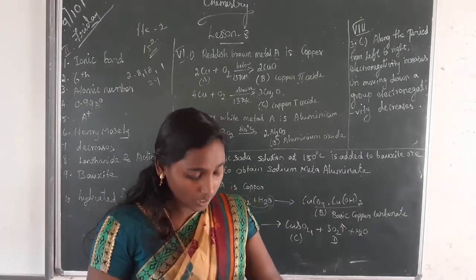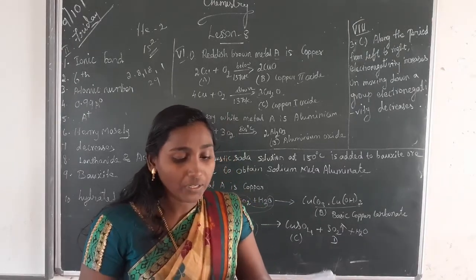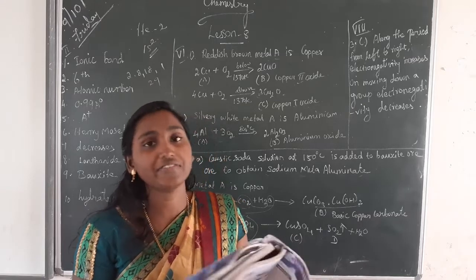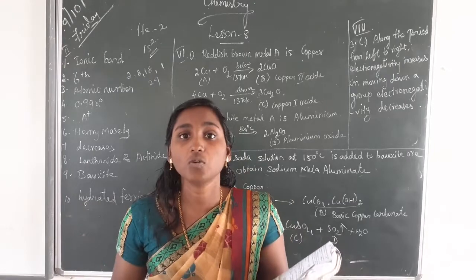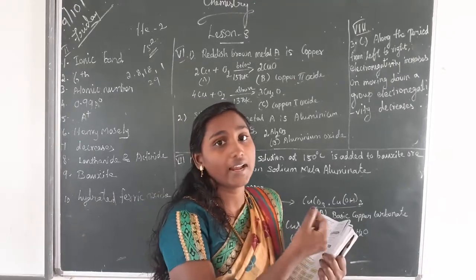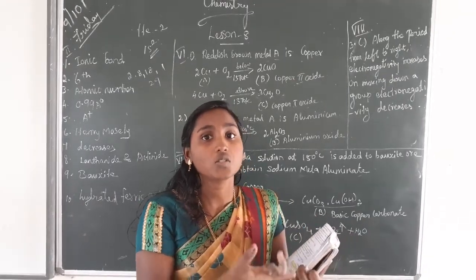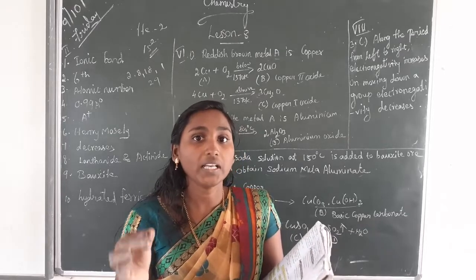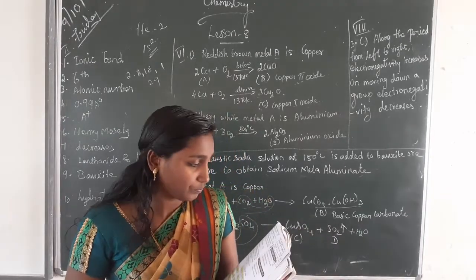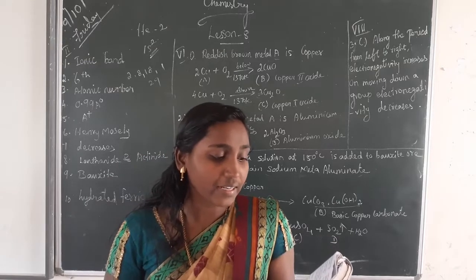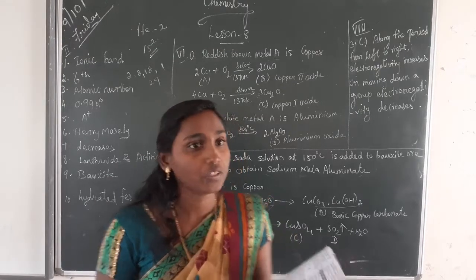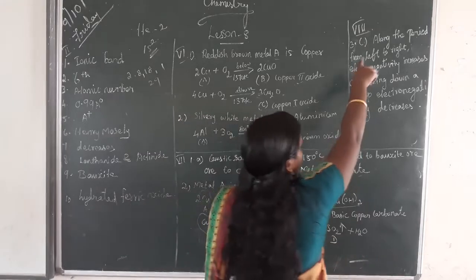Then the second option, what property forms the basis of identification? Electronegativity. Based on the electronegativity only we detect whether it is an ionic bond or a covalent bond, right? Then the third one, how does the property vary in periods and groups? Listen to this one, note it.